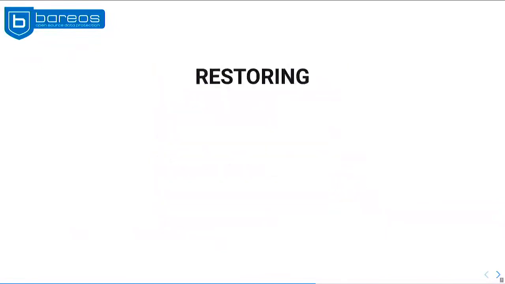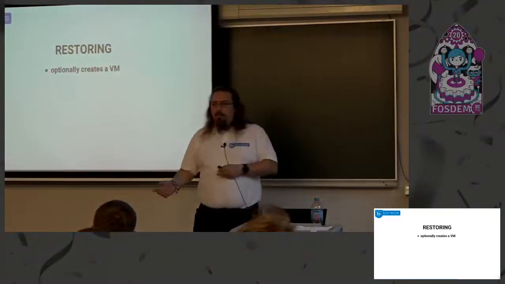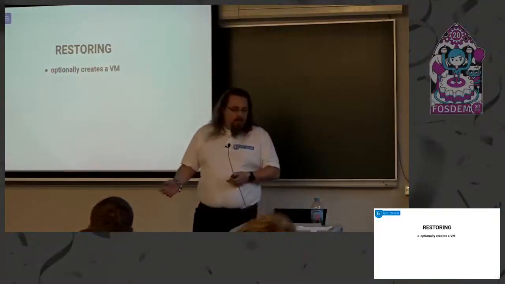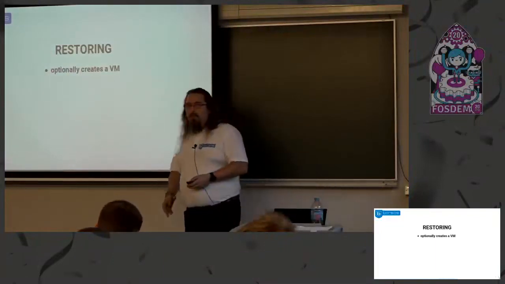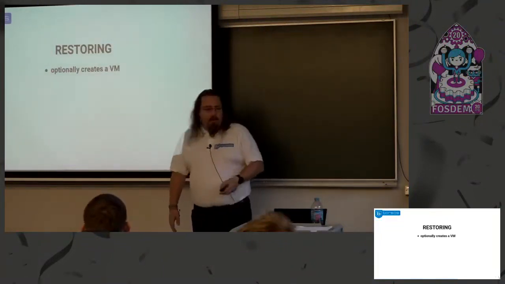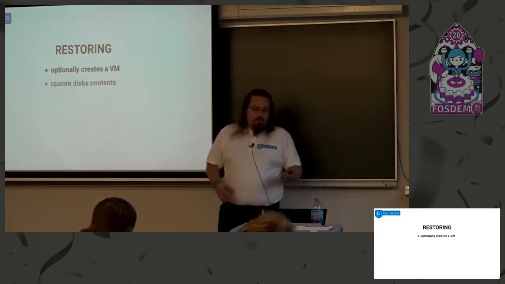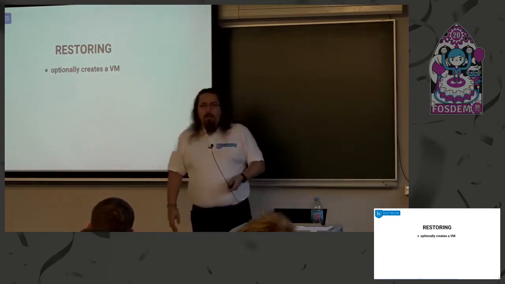Restoring, even simpler. You start a restore job, the plugin takes a look at what you want to restore, and checks using the API if the virtual machine is there. If it's there and you said you want to override, it's going to override.